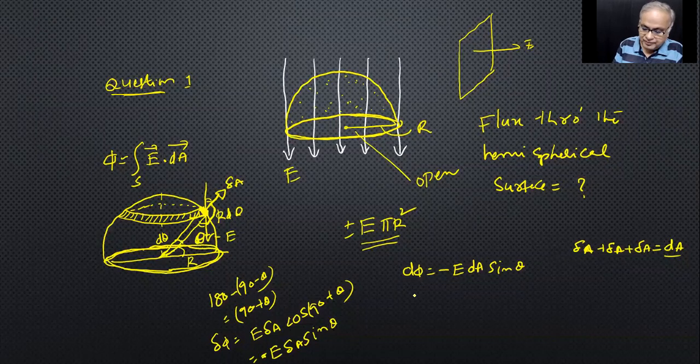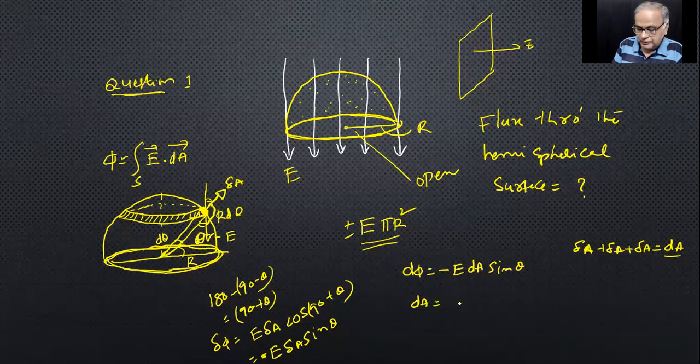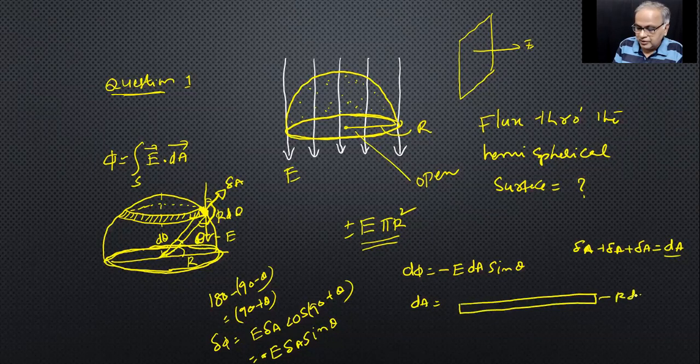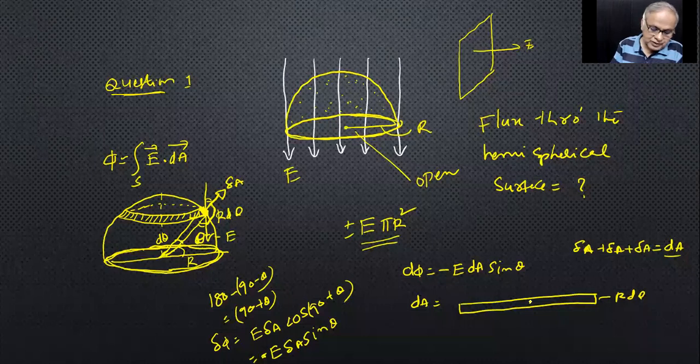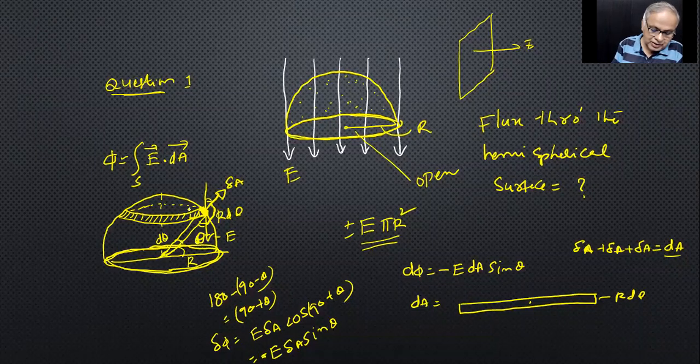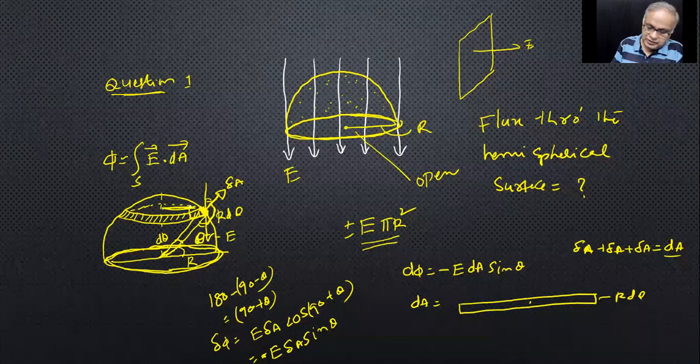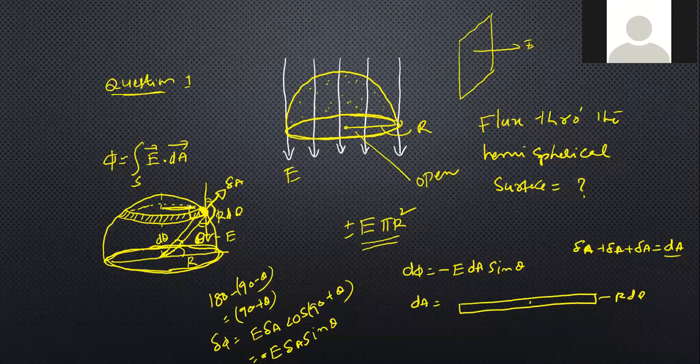What is dA? Look at this. This is R d theta, the width. And this radius is how much? If this is R, and this is theta, this will be theta, right? So what is the radius of the ring? R cos theta.